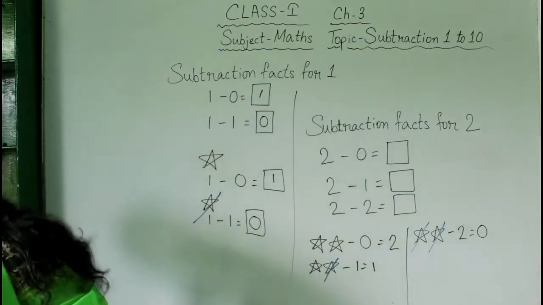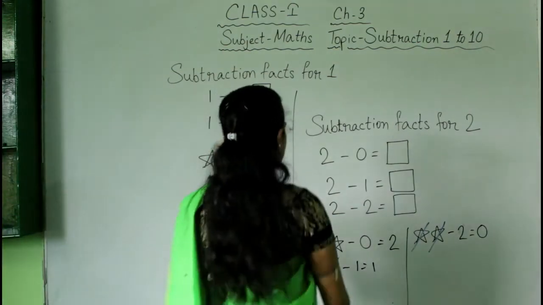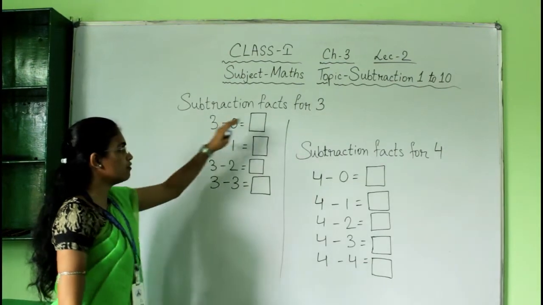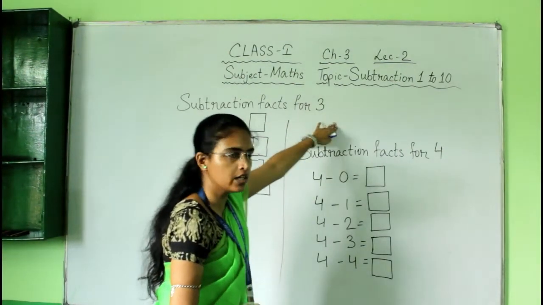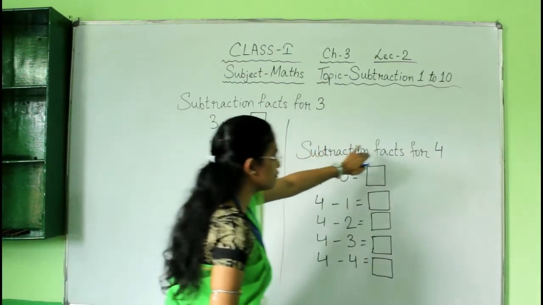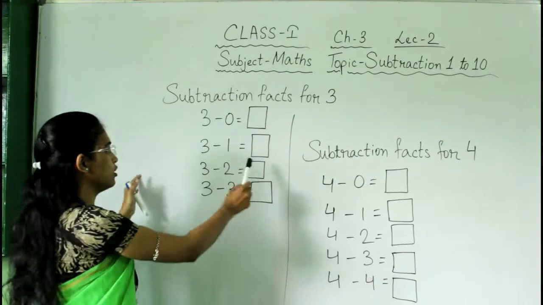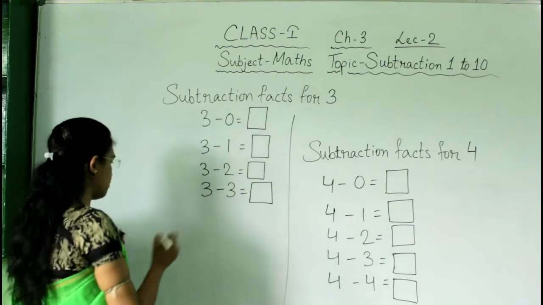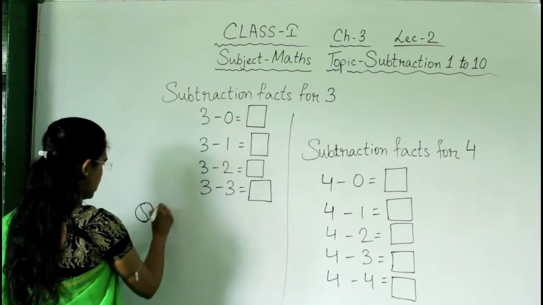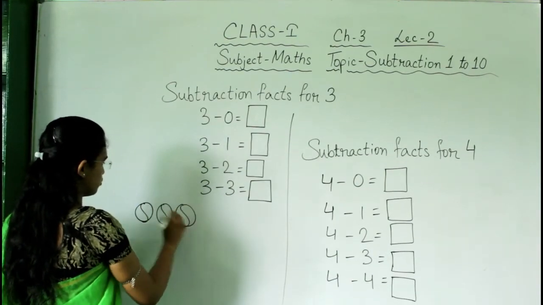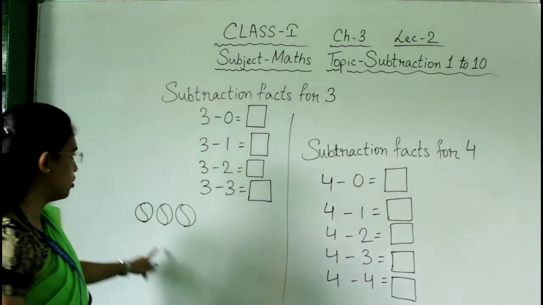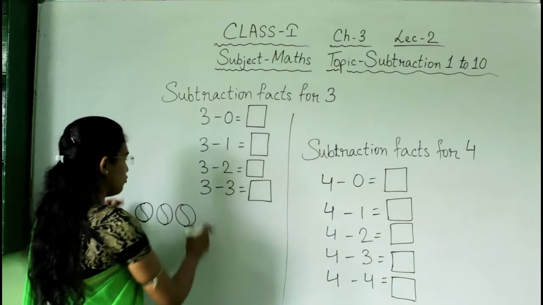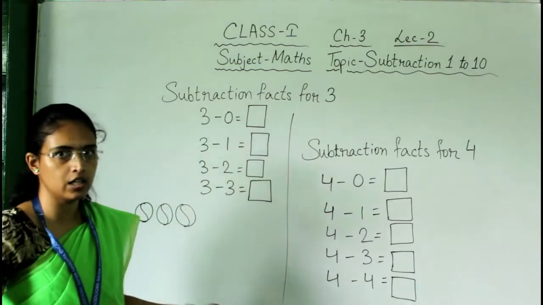Now we will do subtraction of 3, 4, 5. Now we will do subtraction facts for 3 and subtraction facts for 4. First we will do subtraction facts for 3. Suppose you have 1, 2, 3 balls. How many balls? 3 balls. And you don't want to give these 3 balls to anyone.